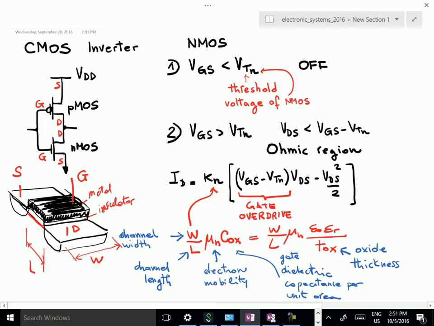Of course, W, L, and Tox are geometrical quantities, the width, the length, and the thickness of the oxide, whereas the electron mobility is a property of silicon, the mobility of electrons in silicon, and epsilon r is the relative permittivity of the material. In particular, it is the relative permittivity of the dielectric.